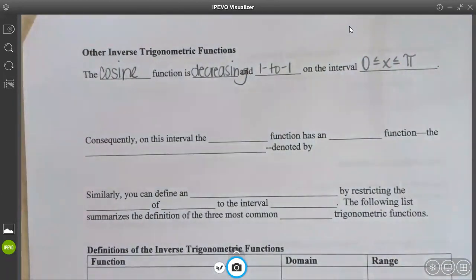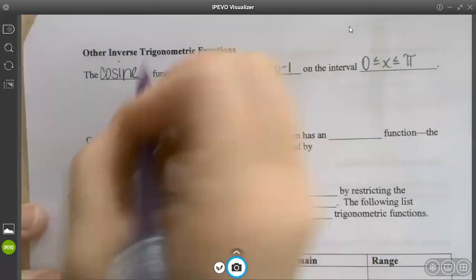So remember when we were doing that bx minus c equals whatever yesterday? Sine is negative pi over 2 to pi over 2. Cosine is 0 to pi. So everybody understand that? That bx minus c, that's where all this stuff is coming from.